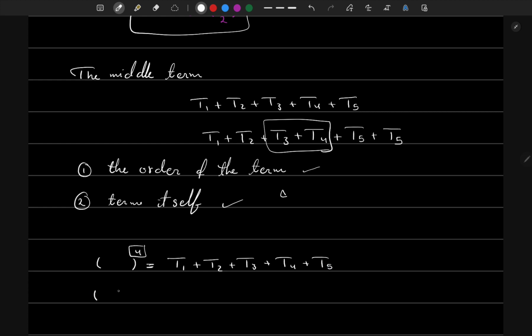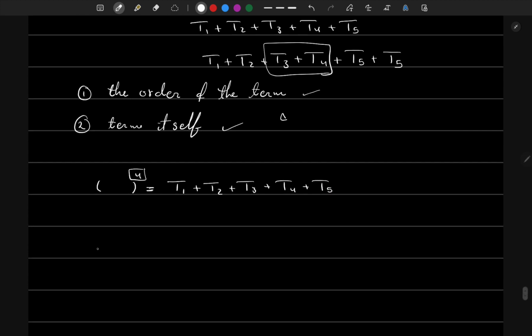And if I have an expression raised to the power of 5, I'm going to have 6 terms. So the number of terms, whether it's odd or even, depends on the power itself, or depends on n.